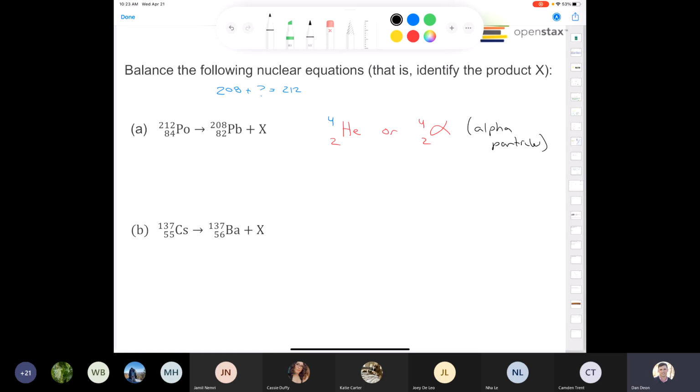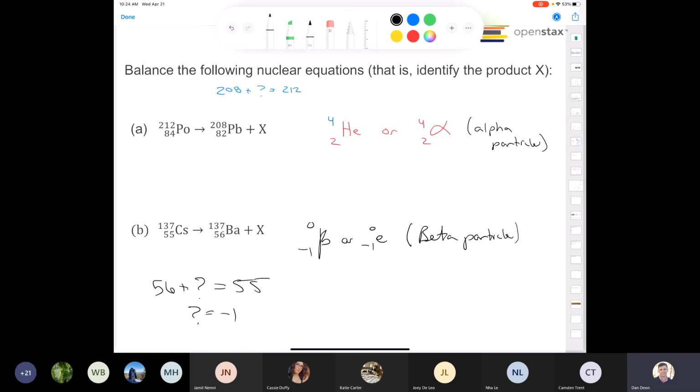Because over here we have 137, so that means my X has to have a 0 on top. Here you have 55, and over here you have 56. 56 plus what gives you 55? The what must be equal to -1, so this is a -1. That means that this is a beta particle, and you could write it like this as well. Either way works, but this is a beta particle.